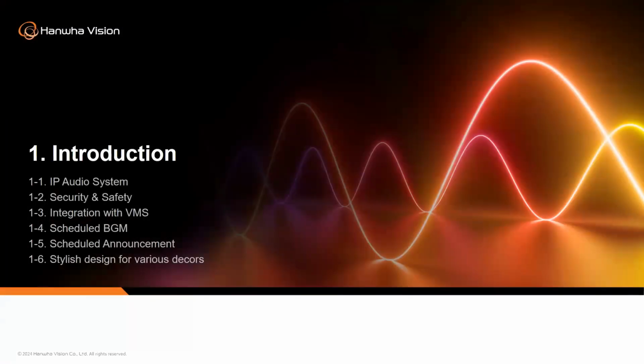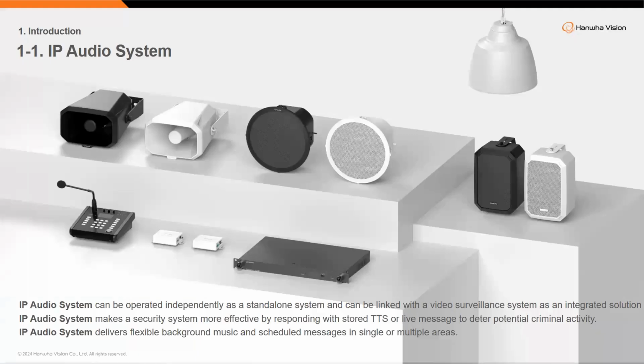So, brief introduction. We've launched a lineup of IP audio products. You can see the portfolio here. It can be operated independently as a standalone system, or it can also be linked with an existing video surveillance system for a fully integrated solution.